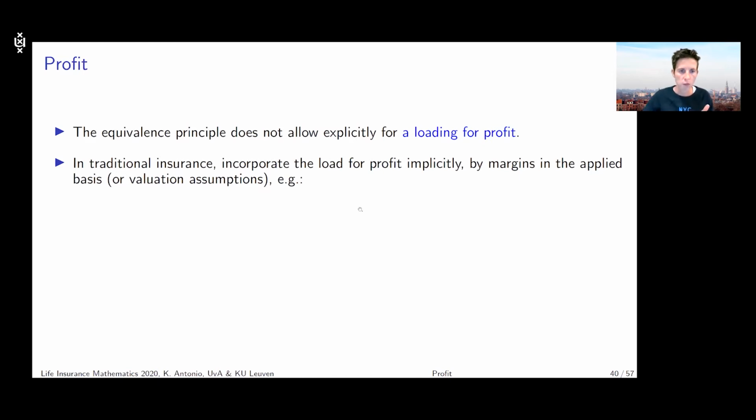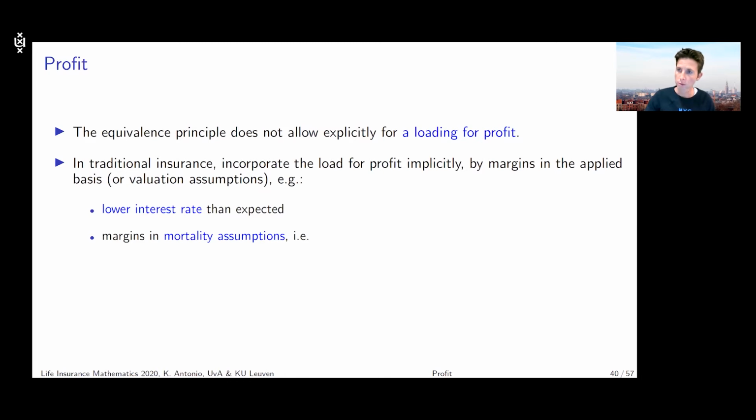So you could say, for example, that you're going to use in your calculations a lower interest rate than actually expected. And then the impact will be that you charge a slightly higher premium, right? So you charge a higher premium to make some profit via this premium collection, right? So that's one way you can play with the assumptions that you make in your valuation basis in order to take this load for profit into account.